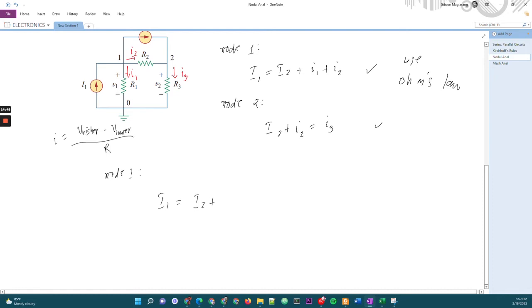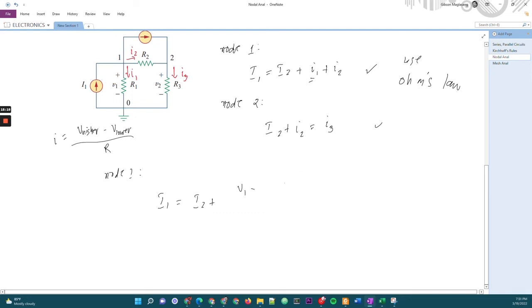So for small I1 at node 1, we have V1 minus the lower potential, which is at the ground, so that would be 0.